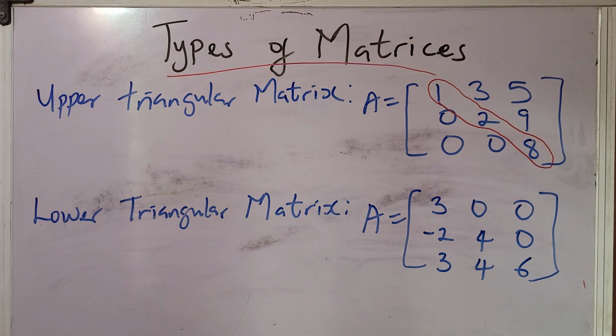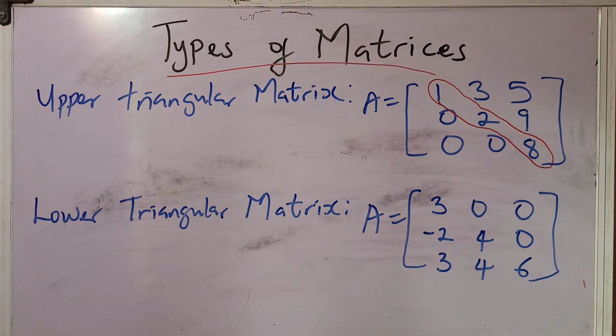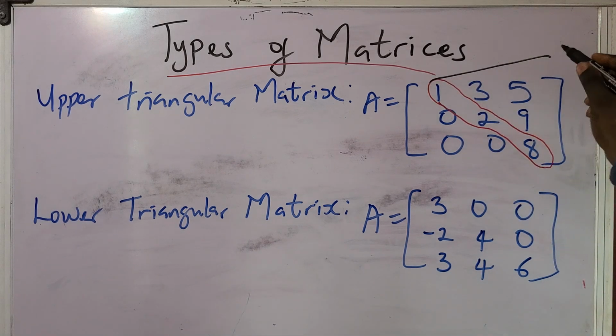You can see the leading diagonal as 1, 2, 8 written down there. An upper triangular matrix has elements below the leading diagonal as 0. You can see this forms the shape of a triangle.